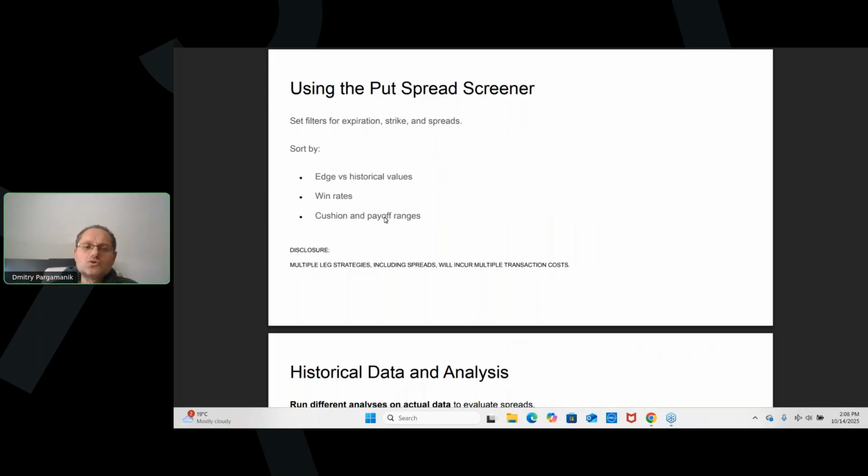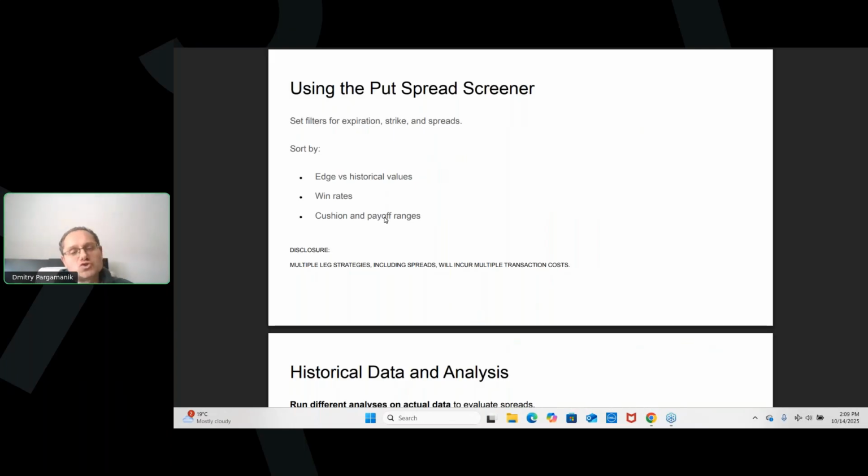When we're using the put spread screener, if we have these metrics built in and the calculations are made, we could screen or sort by an edge, the difference between the market price and the historical value. So it's like a theoretical edge.